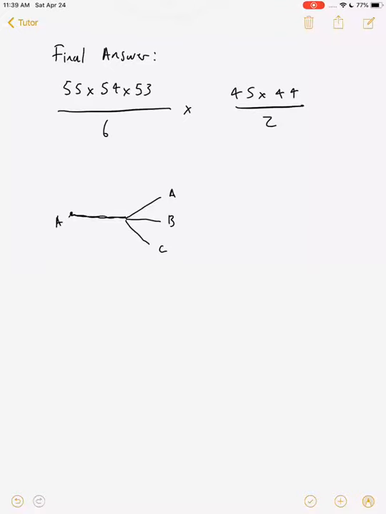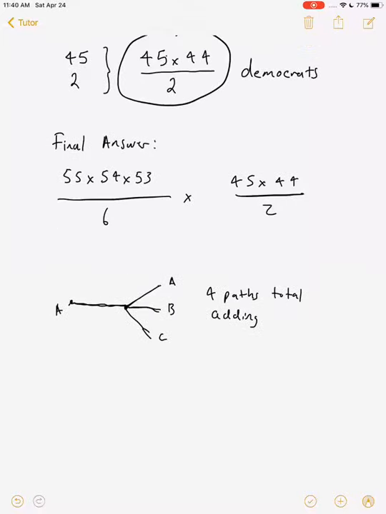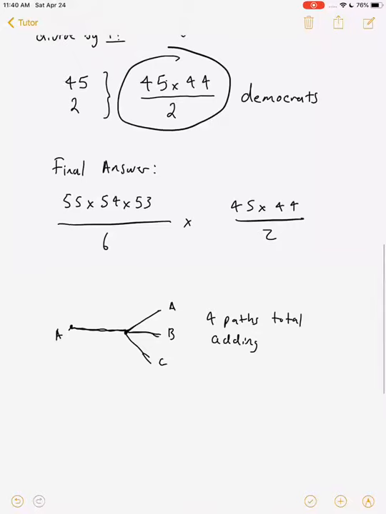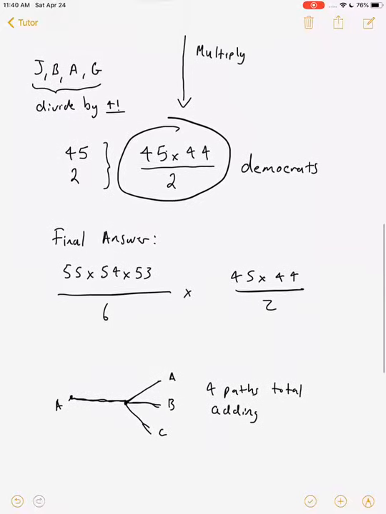So he goes down 1, and then he has either the second path, third path, or fourth path. So that would be 4 paths total we're adding. These are the cases we would add when it's an or, when he has to make a choice. But in this case, it's an and, meaning he's going to do both. He's going to go down this path, and then this path, and then this path. Make sense?